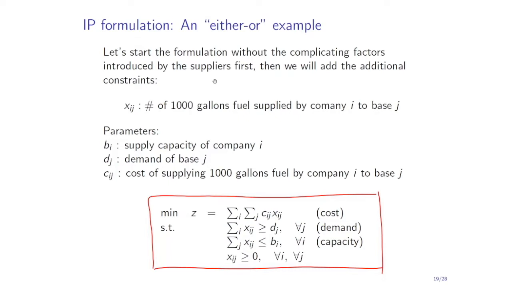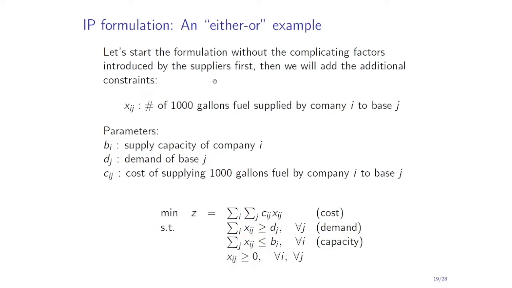We minimize the summation of all terms Cij times Xij. We also want the summation of all supplies to base j to be greater than or equal to its demand, and also the summation of supply by each company cannot exceed its capacity. Of course, every variable is non-negative. So we have seen a very natural formulation. We have seen a formulation like this multiple times. No problem so far.